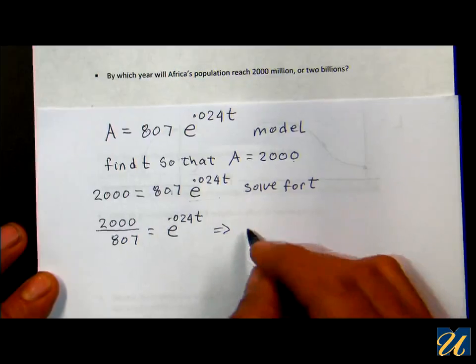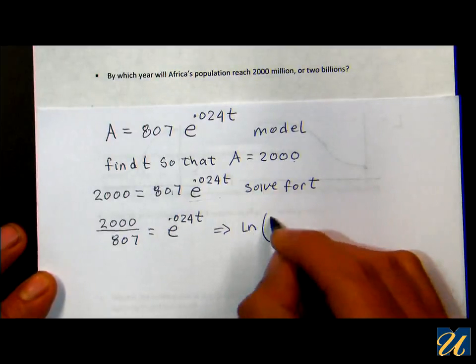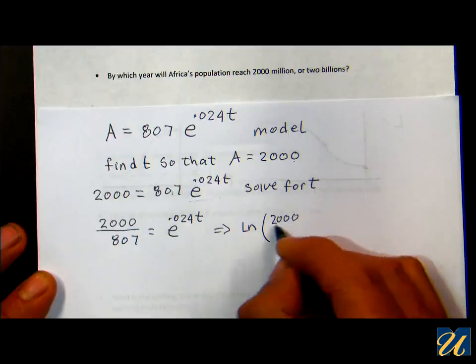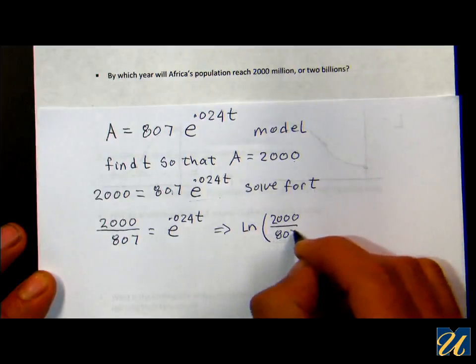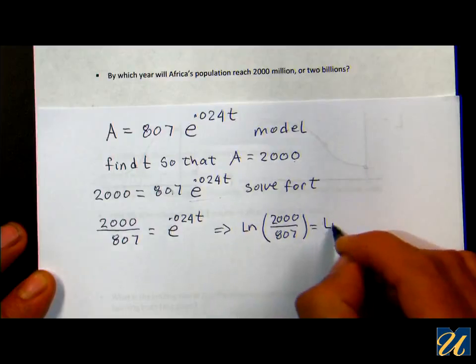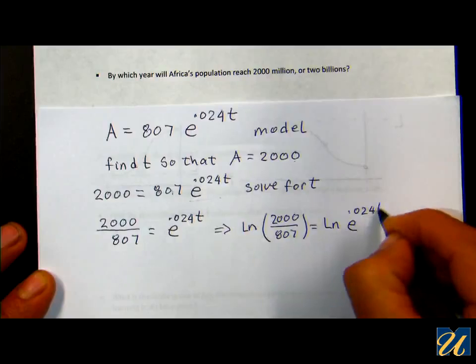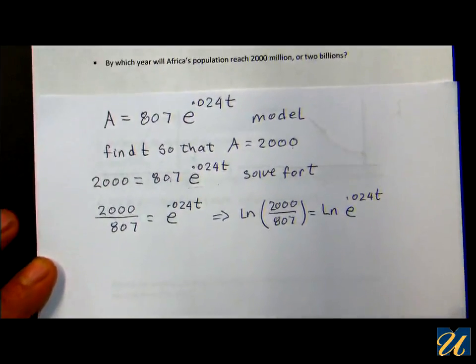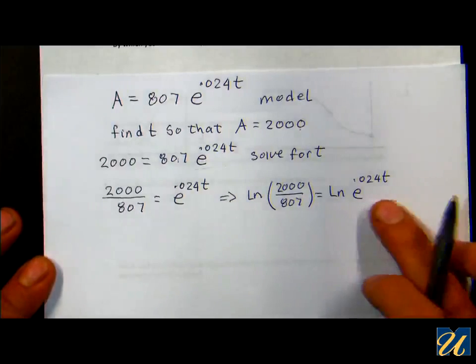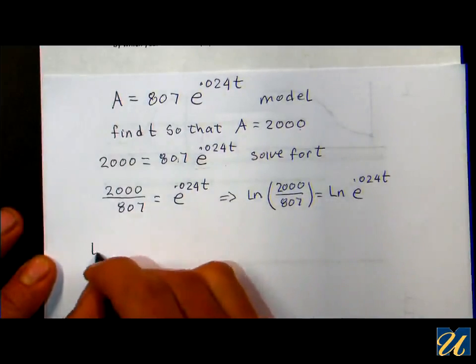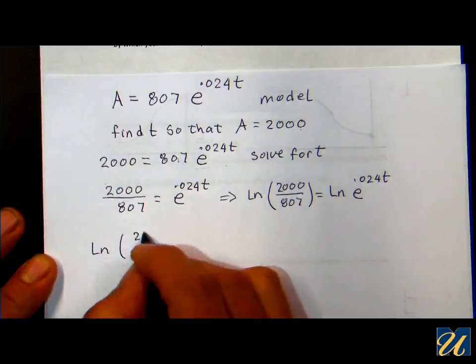So the log of 2,000 divided by 807 equals the log of e to the 0.024t. As before, we use the power property here on the right. So the left side for the moment is unchanged.